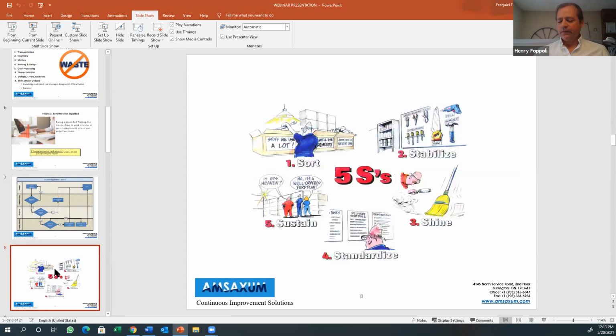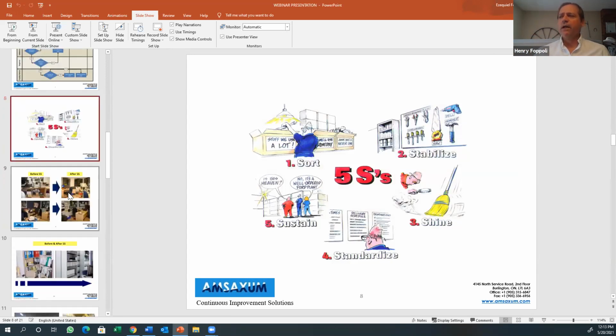Another great tool, and one of the most fundamental tools in Lean, is the 5S, which many people call workplace organization, or a place for everything and everything in its place.